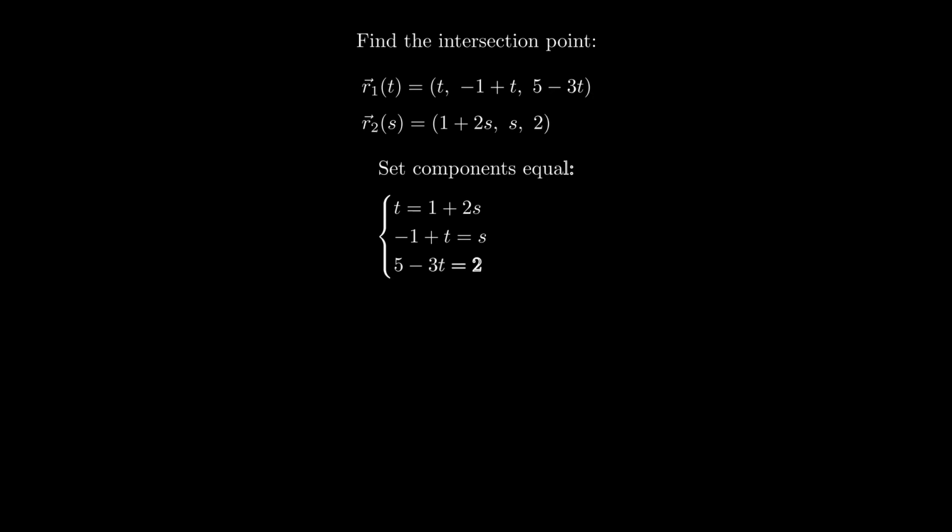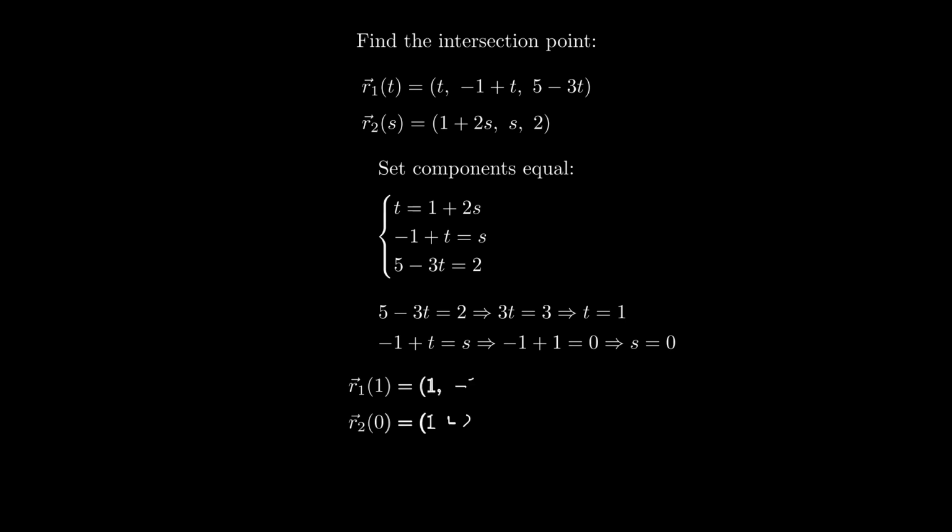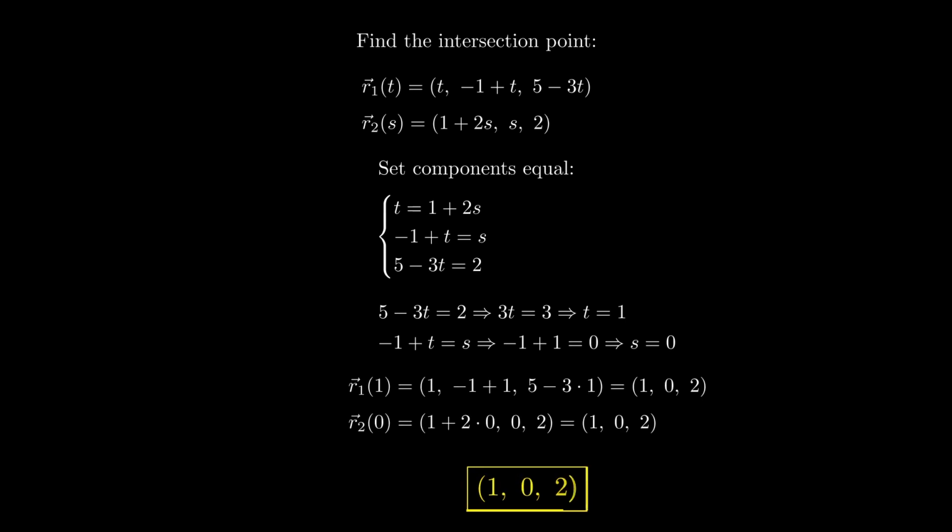Starting with the third equation, since it contains only t, we get that t equals 1. Now substitute t equals 1 into the second equation. We get that s is equal to 0. If we substitute s and t back into r2(s) and r1(t), we yield the same position vector (1, 0, 2).